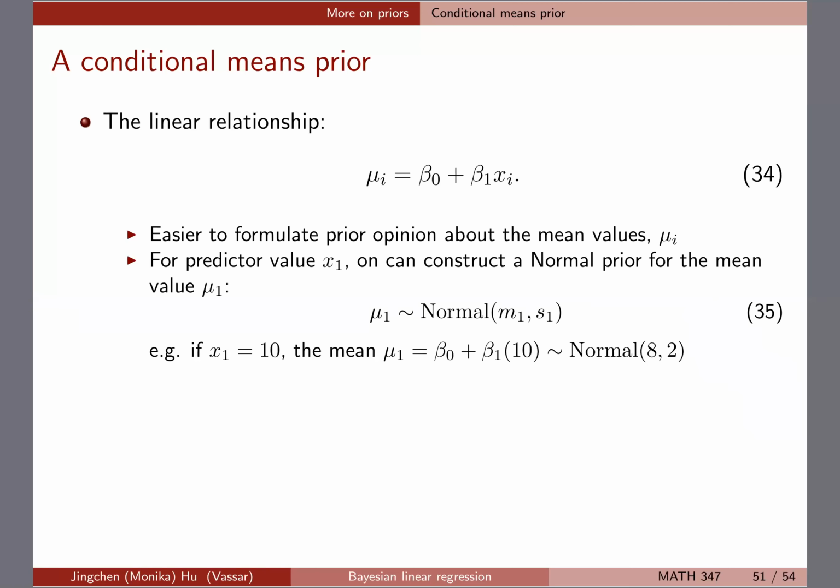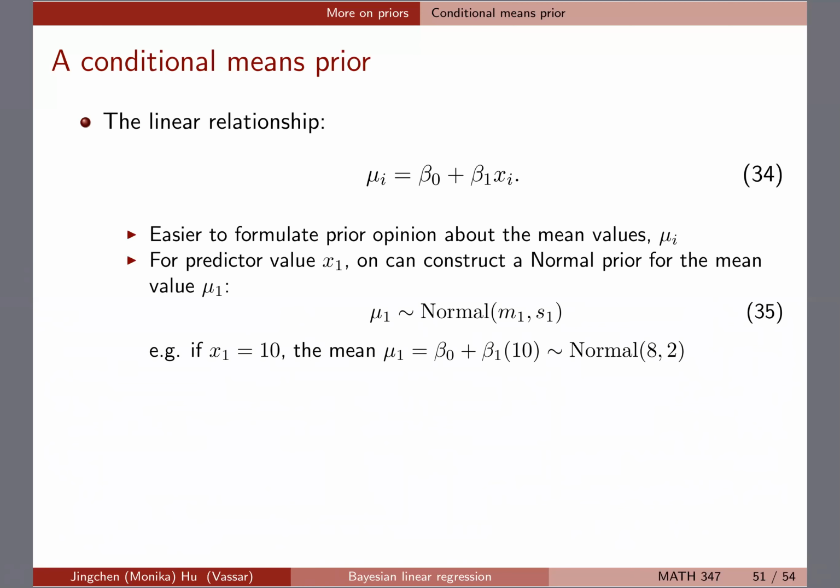Let's just say. Again, everything is working on the log scale, so it's a little bit not intuitive, but I was trying to play with the numbers on the original scale and then just put those two down here. So this is one way, right? I have one conditional mean, meaning that I specify my mu1 if I know what my x1 is. And that's my prior belief.